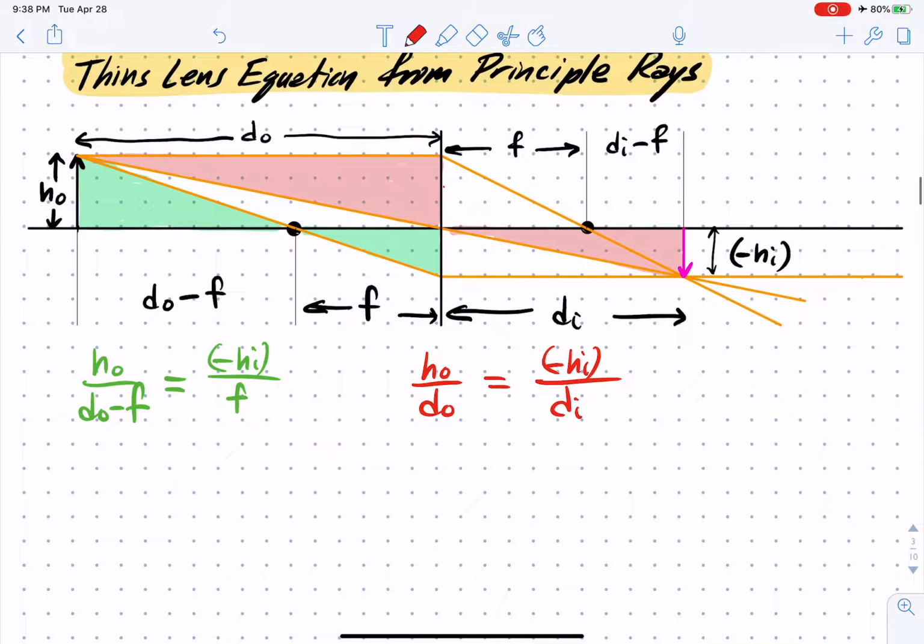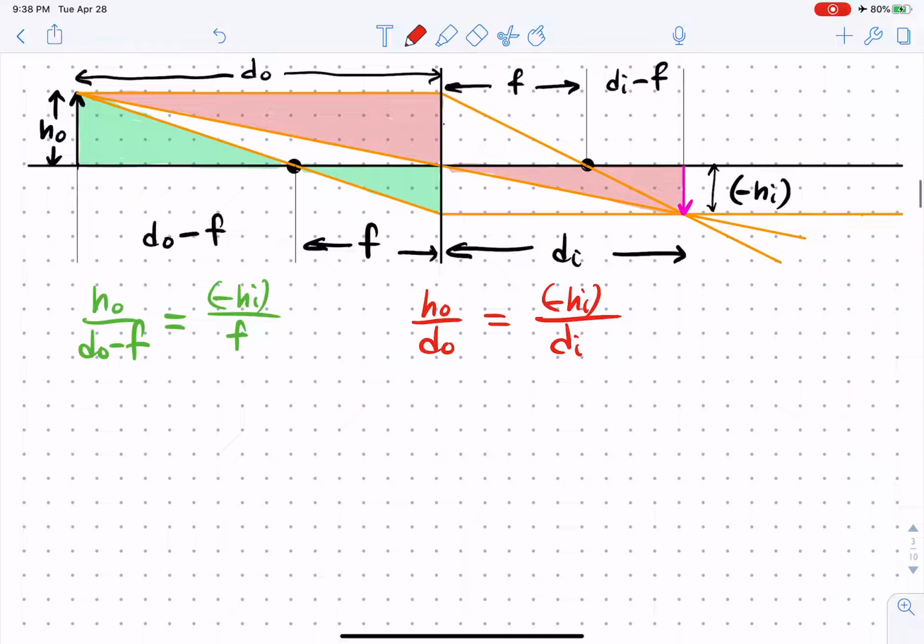I'm going to rewrite these just a little bit. So we're just going to do some algebra now. So this is minus HI over HO. And this is F over DO minus F. And I'm going to write this in the same way. I could have started with this, but that's a harder one to write down.